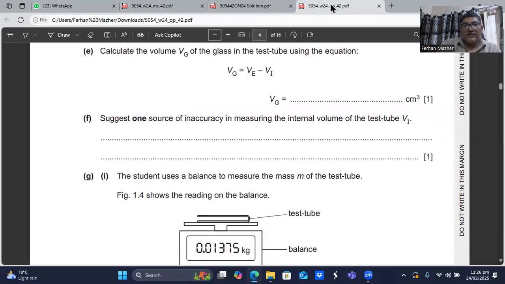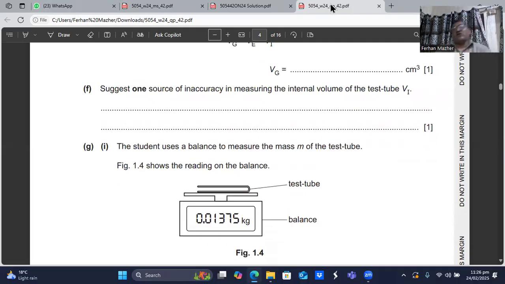Okay. He says suggest one source of inaccuracy in measuring the internal volume of the test tube. When we are finding the internal volume of the test tube, we are using water. It's possible that the test tube is not completely filled. It is possible that some of the water is left with the walls of the test tube.